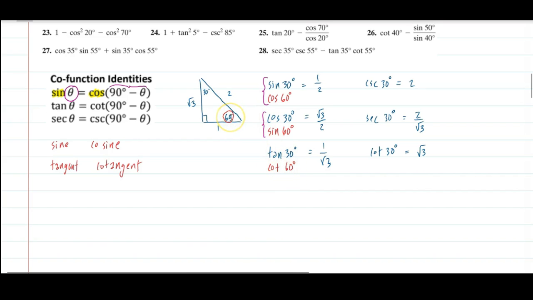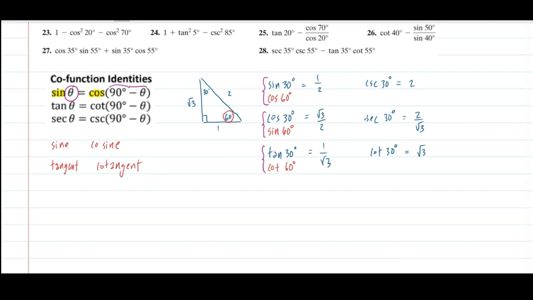The tan of 60 degrees would have been root 3 over 1. Now flip that over and it'll give you the cotan of 60, which is 1 over root 3, which, according to the cofunction identity, we already knew would be the answer, because asking what's the tan of 30 is the same thing as asking what's the cotan of 60.